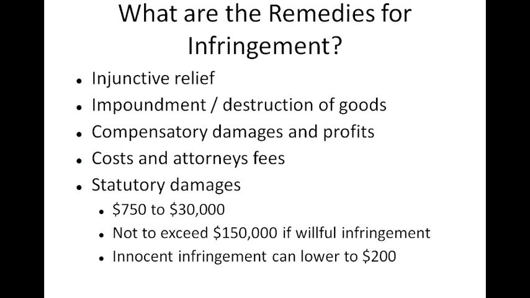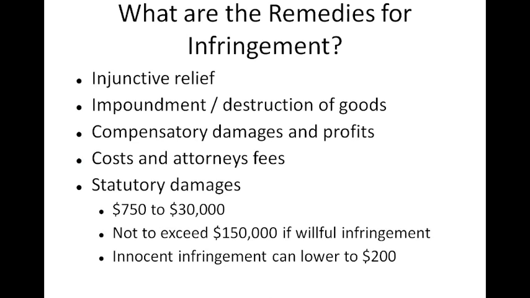And another option, if you don't: to be perfectly honest, for a lot of copyrighted work, it's really difficult to prove actual damages and profits. So the law is designed to punish infringers by setting up a regime called statutory damages. These range, normally, between $750 at the low end and $30,000. The actual amount is determined by the trier of fact, which could be a judge, but more often is a jury.